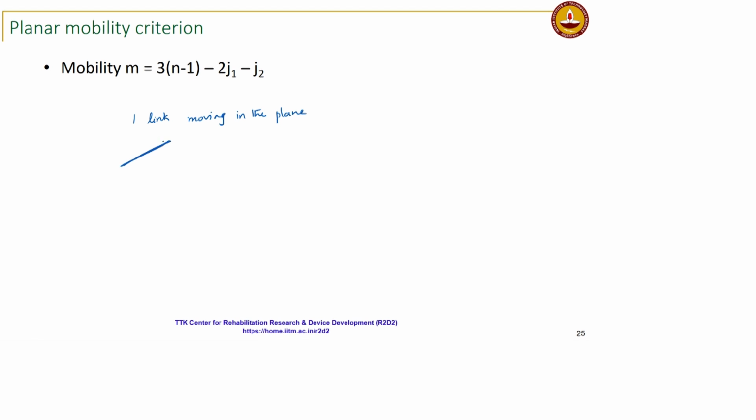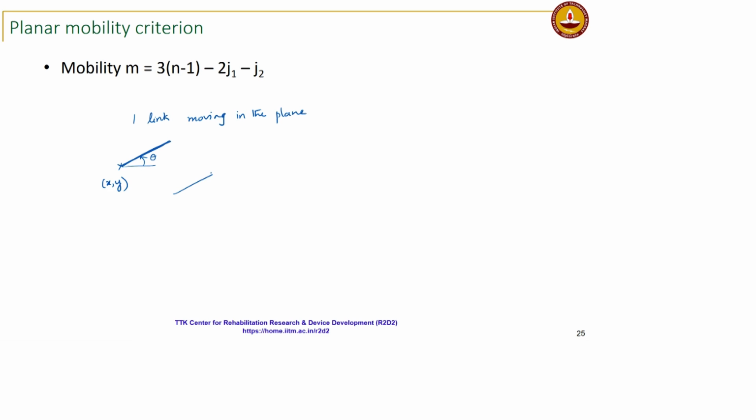I need 3 degrees of freedom, because I need the x and y coordinates of one point and the orientation of one link in the plane. Typically that is what I need for that.